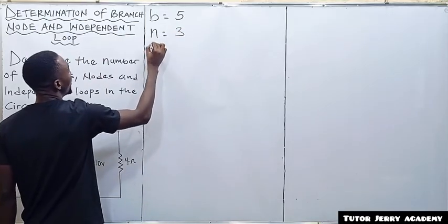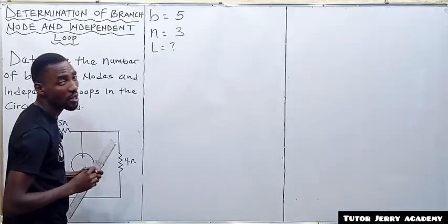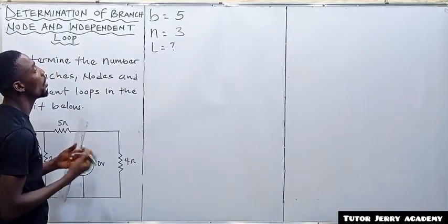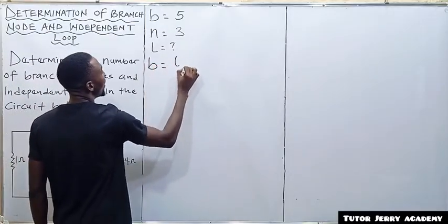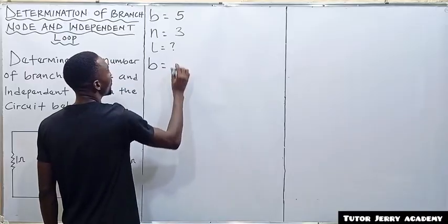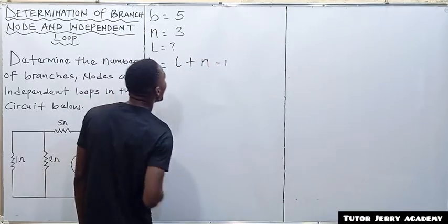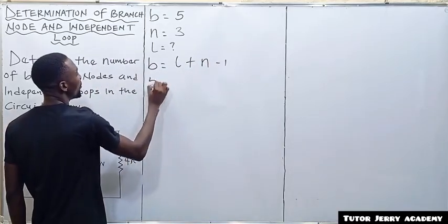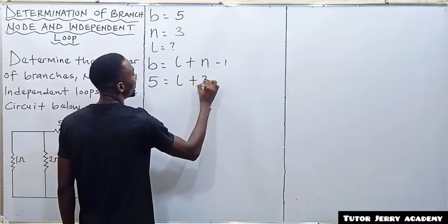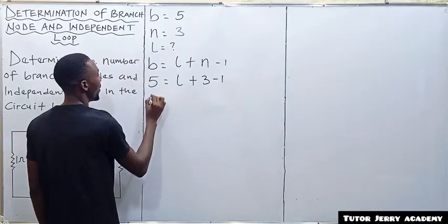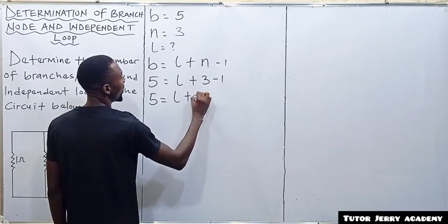All right, so the independent loop now. To calculate the independent loops, we are going to use the formula B = L + N - 1. So this is going to be 5 = L + 3 - 1, and 5 = L + 2.